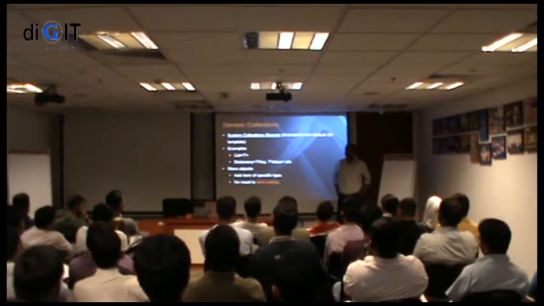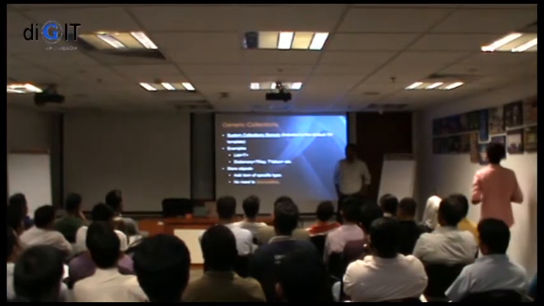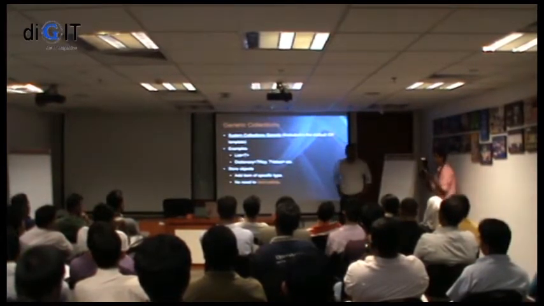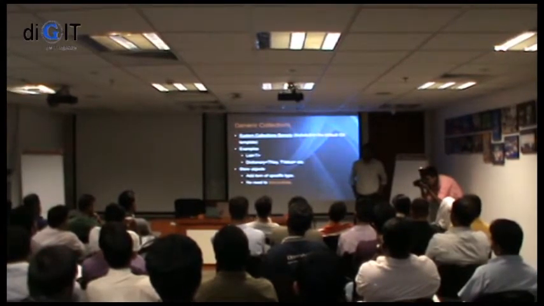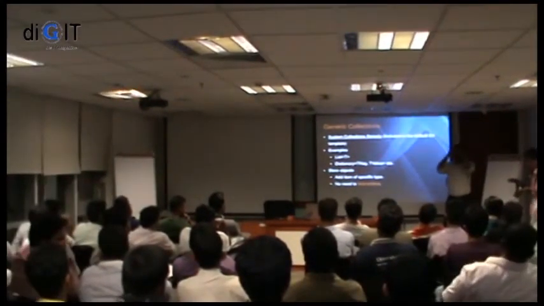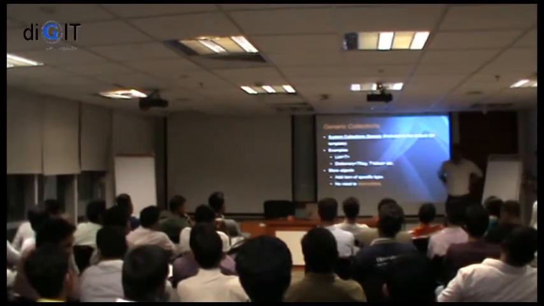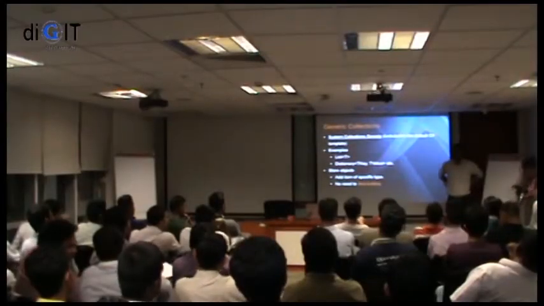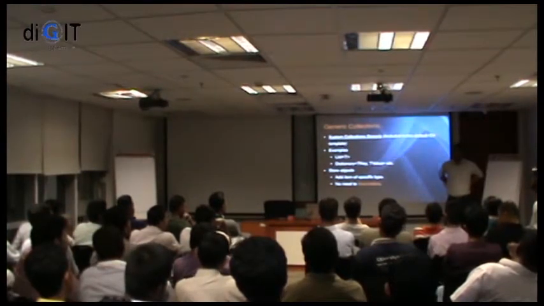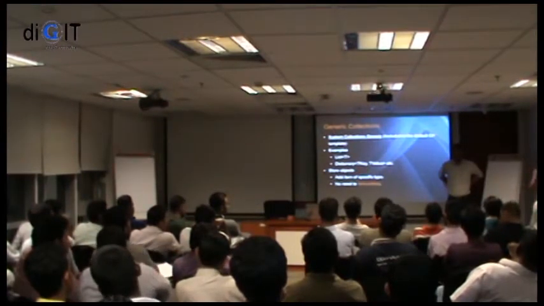Boxing means wrapping the primitive type inside the object type. The primitive type is int and the object type is the Integer class. If we take the simple double, that's the primitive type, and we have the capital Double, the double class.